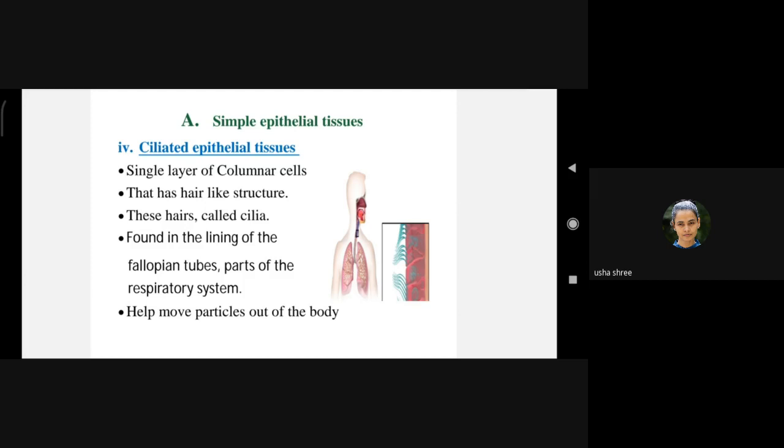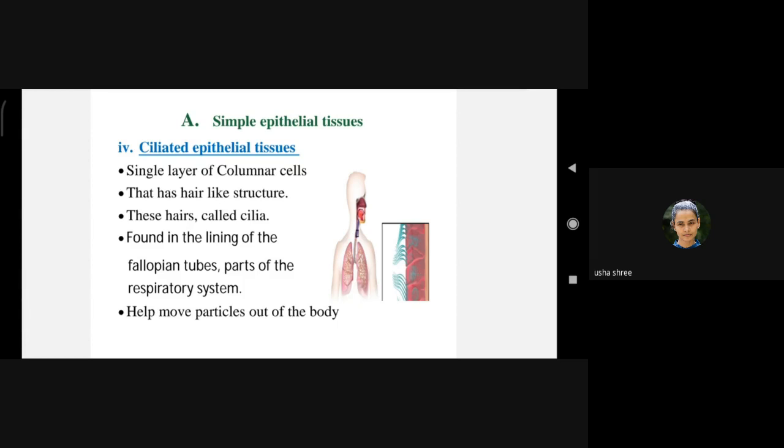They help to move particles out of the body, as in the fallopian tube, the zygote or the egg moves from ovary to uterus. In the digestive system, digested or undigested food travels through the path.